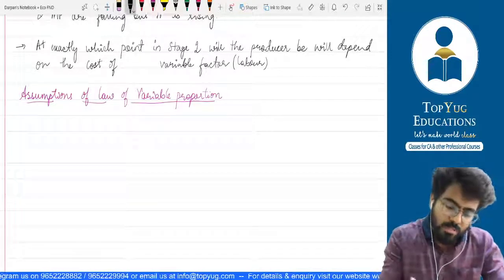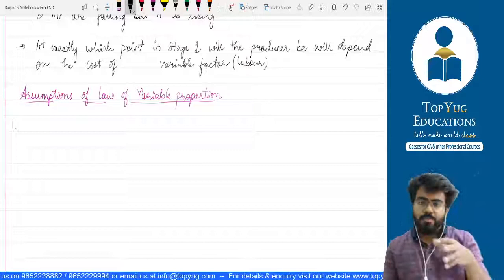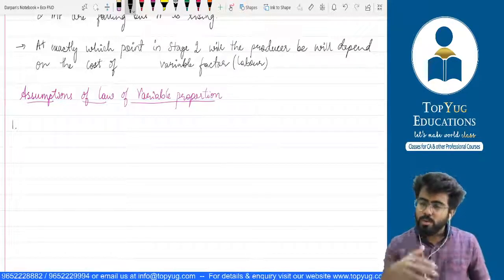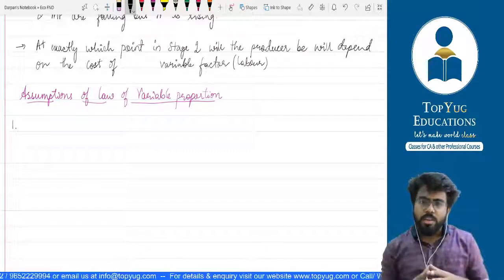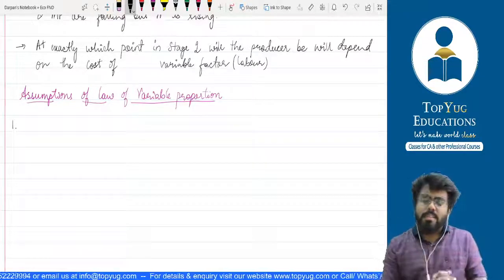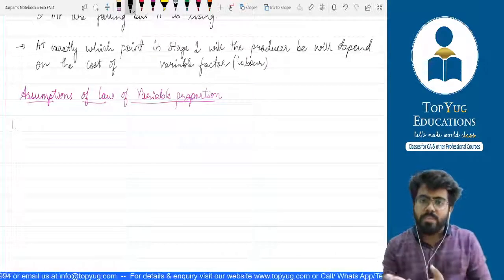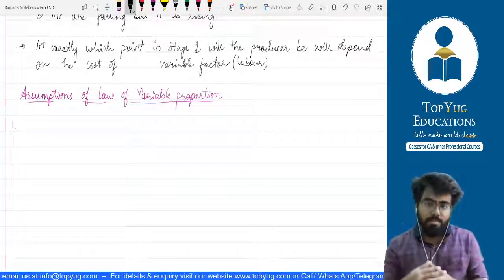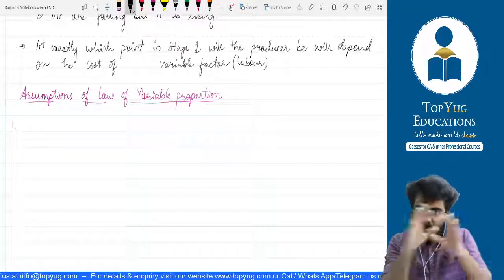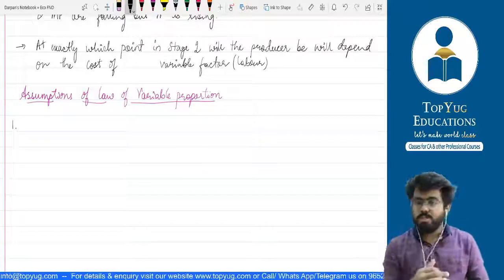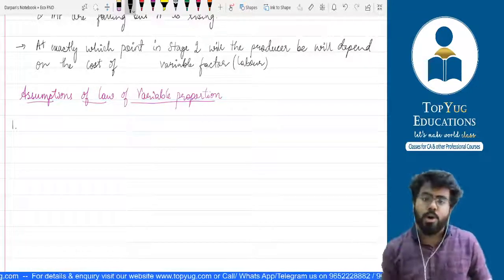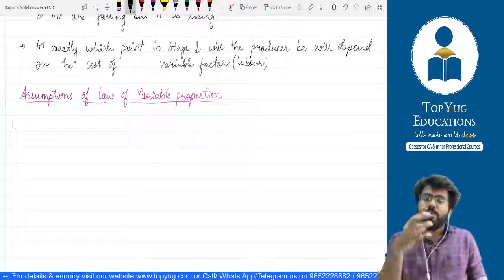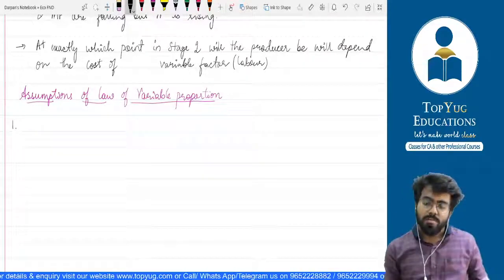So why do I do assumptions at the end after explaining the law? Should I do them before the law? If I don't explain the entire law, assumptions will not make sense. Now if I tell you the assumptions, you will be able to relate them. Correct? So that is why I explain the law first and then come to assumptions, because then you will be able to relate these assumptions to the law. Oh, okay, this is being assumed. Why? Because of this reason, like that.